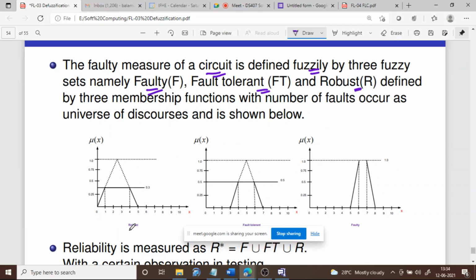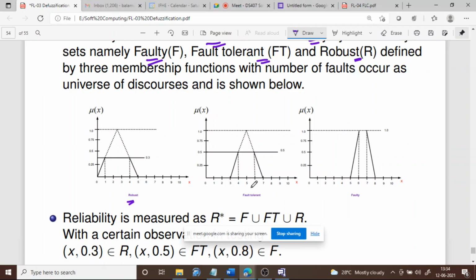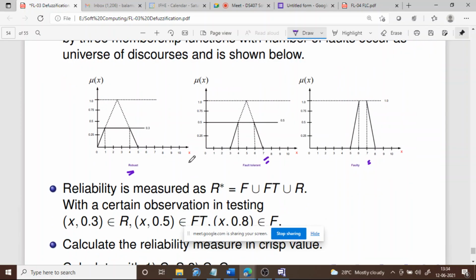So this first one is robust, this is fault tolerant, and this is faulty. For all these, a reliability score is given. Reliability is measured as F union FT union R, where F is faulty, FT is fault tolerant, and R is robust.